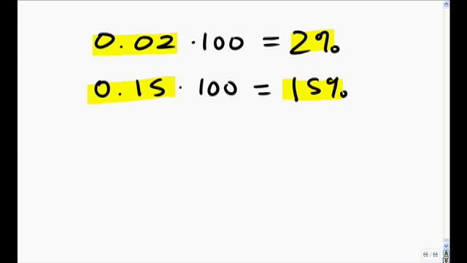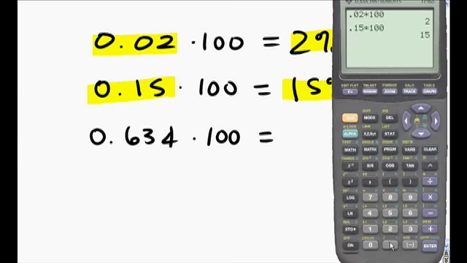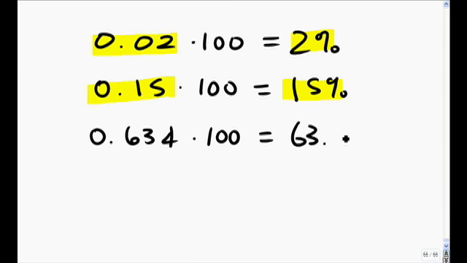If we look at the numerical relationship of 0.634 and we multiply by 100, we get 63.4%. That is, 0.634 numerically represents 63.4%.